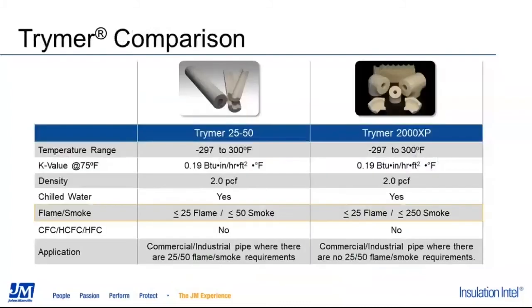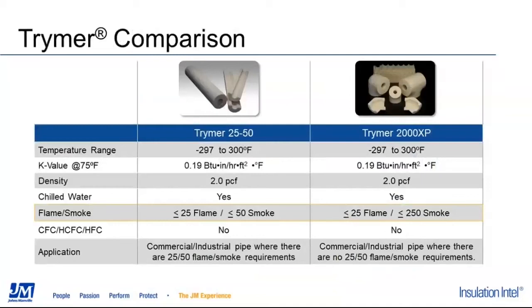Now let's look closer at some of the properties for the two Trymer products we're focusing on today. There's quite a bit similar between the two. From a temperature range, both can be used on systems from negative 297 degrees to 300 degrees Fahrenheit. They actually can be used at lower temperatures.